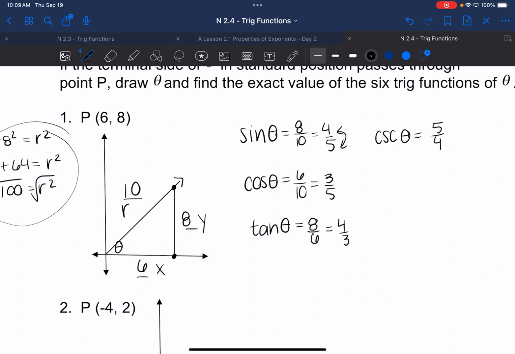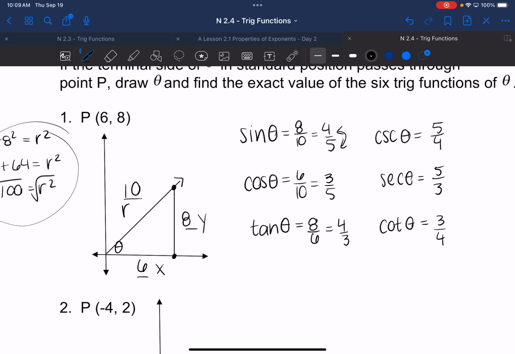Okay, and then for cosine, our reciprocal is secant, which would be 5/3. Okay, and then tangent's reciprocal is cotangent, which would be good. And that's it. That's all we have to do. All right. I want you guys to try example number 2.